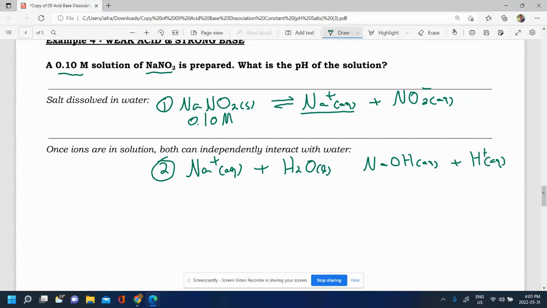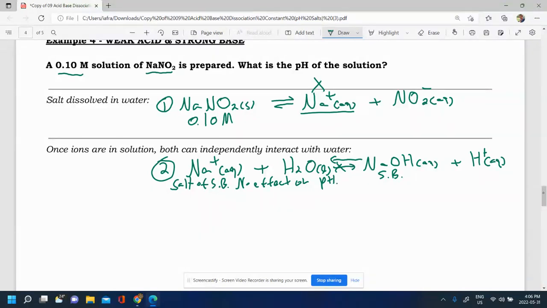So technically the Na plus would be acting as an acid because it's forming some H plus. But notice this is a strong base. So this direction will not happen. It would rather stay as Na plus. So this is the salt of a strong base, no effect on pH. So we don't need to worry about this one too much.